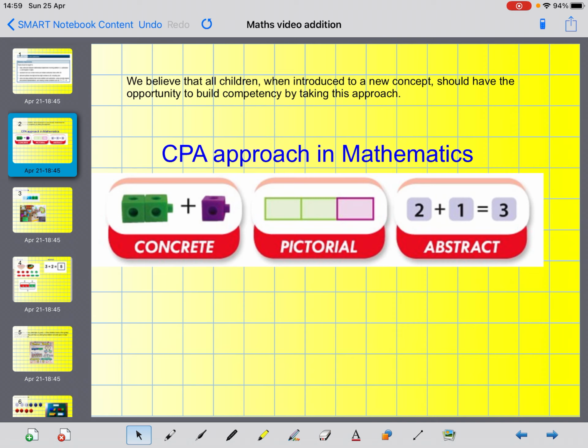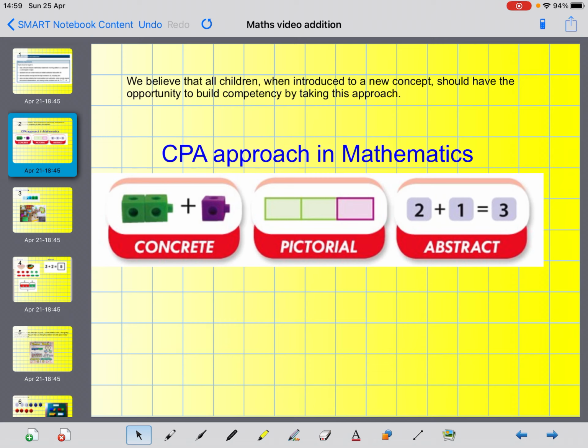So C stands for concrete. When we teach the new concept, we often like to use objects, counters, for example, cubes. We also like to use natural objects such as pine cones or conkers, to move around and manipulate in the hands. Then we move on to the pictures, so the children see the visual pictures of the objects.